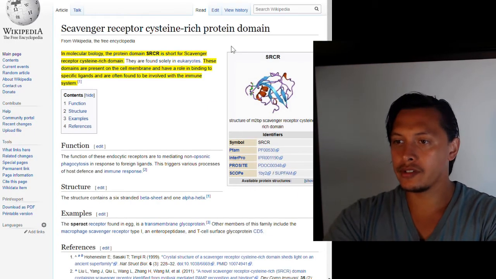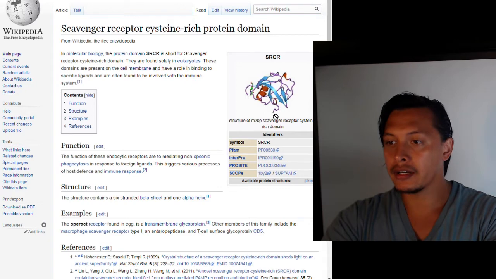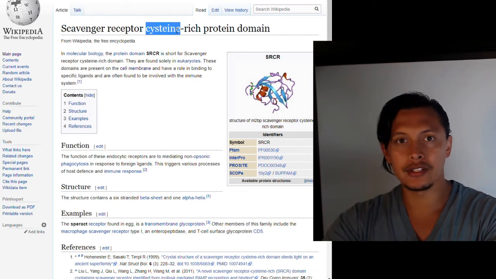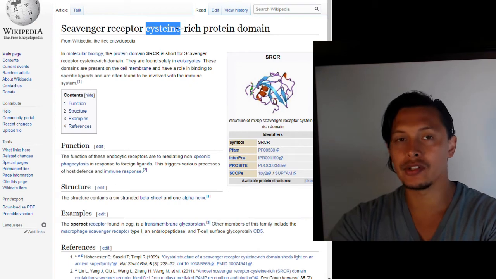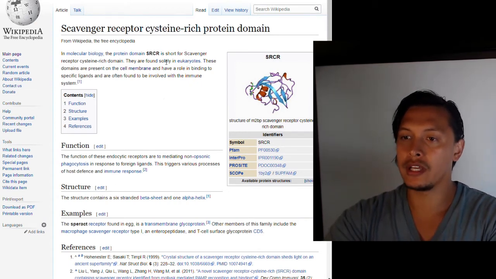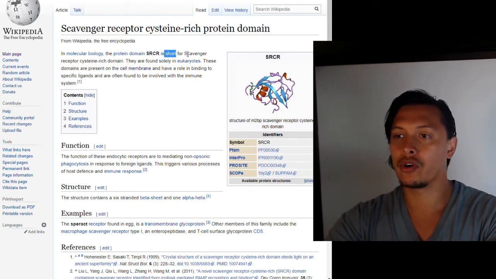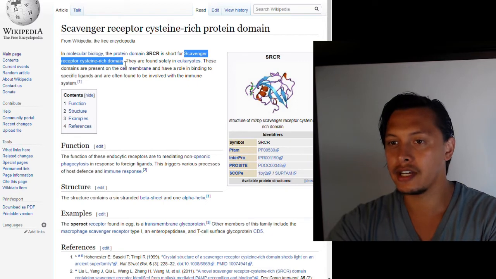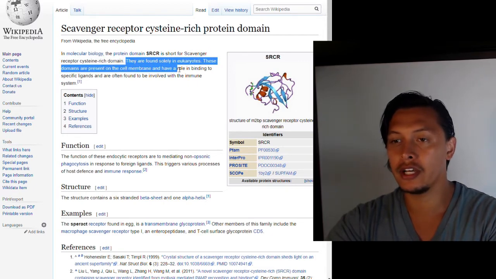So this is the domain where it has a lot of cysteines, which are amino acids that have sulfur groups on them. And so SRCR is short for this scavenger receptor cysteine-rich domain, and they are found solely in eukaryotes.